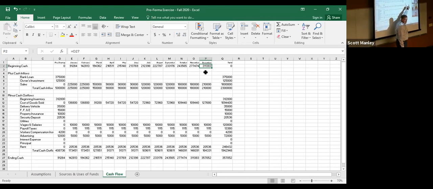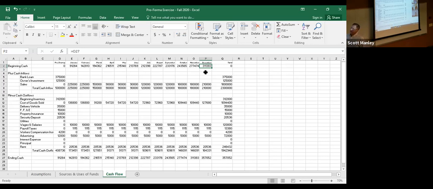That doesn't work, okay? That total column is the total cash flow for the entire year. And what was the beginning cash balance for the year? It's 0, okay?